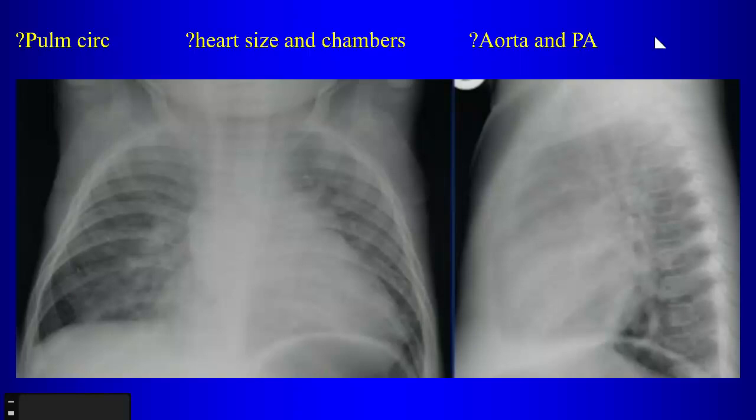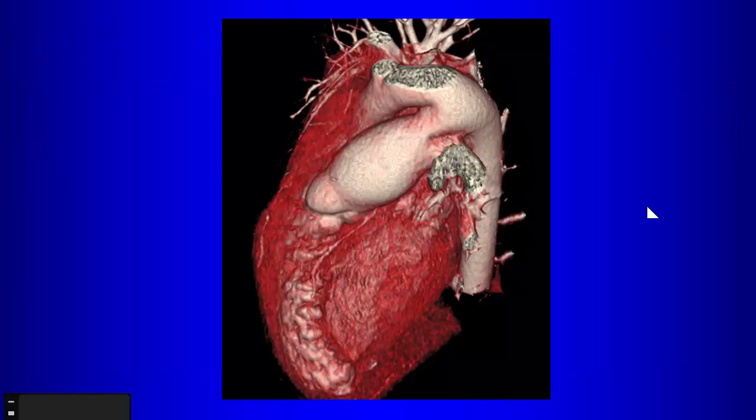Well, if the ascending aorta is enlarged, what does that mean? Which of those gives you a big ascending aorta? PDA. The answer is PDA. Remember, the flow goes from the aorta through the PDA, right? So the ascending aorta will be enlarged also with a PDA.